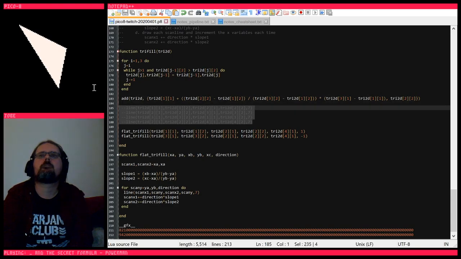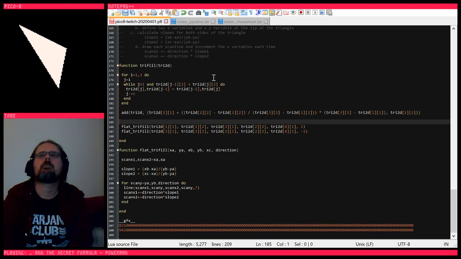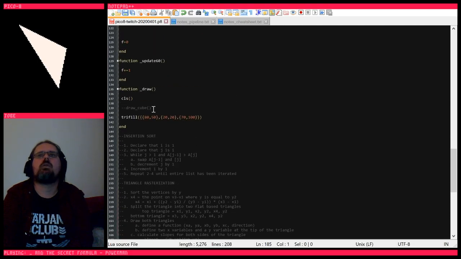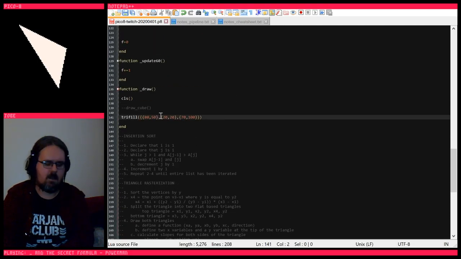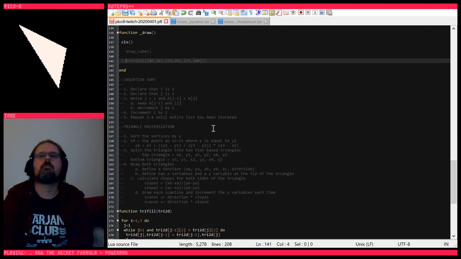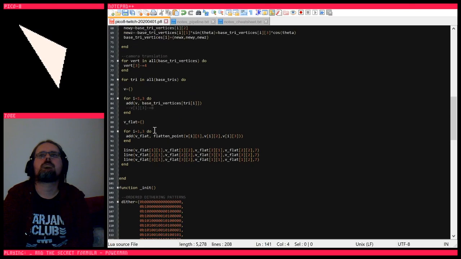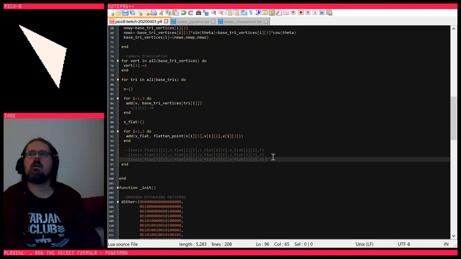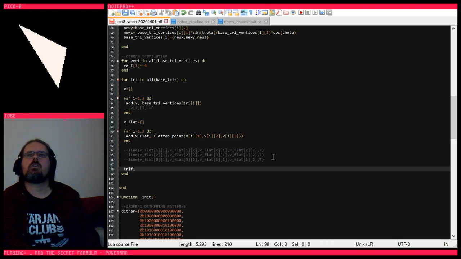So now we should be able to implement this in our cube drawing function. So let's remove these and try fill.